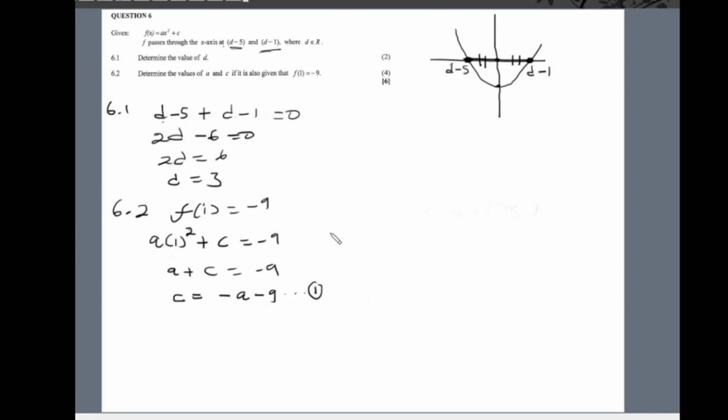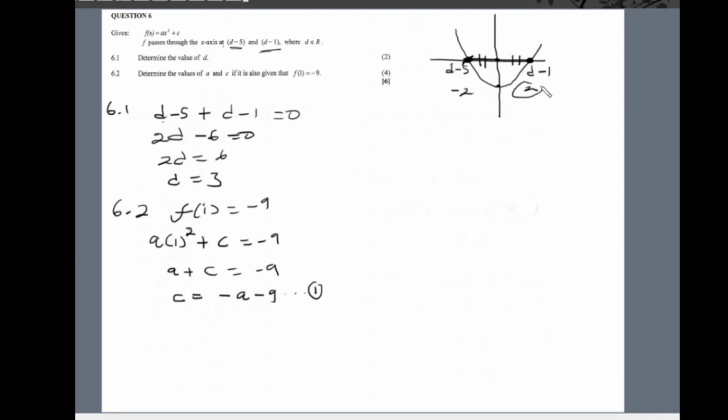To get my equation 2, I'll use the fact that d is equal to 3, which means one of the x-intercepts is 3 minus 5, which is minus 2, and the x-intercept there will be 3 minus 1, which is 2.